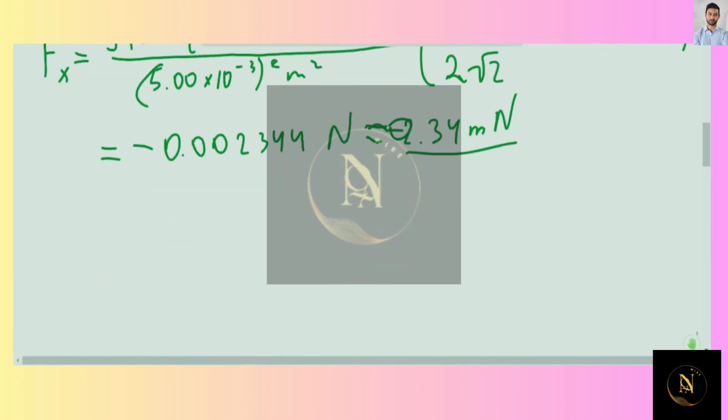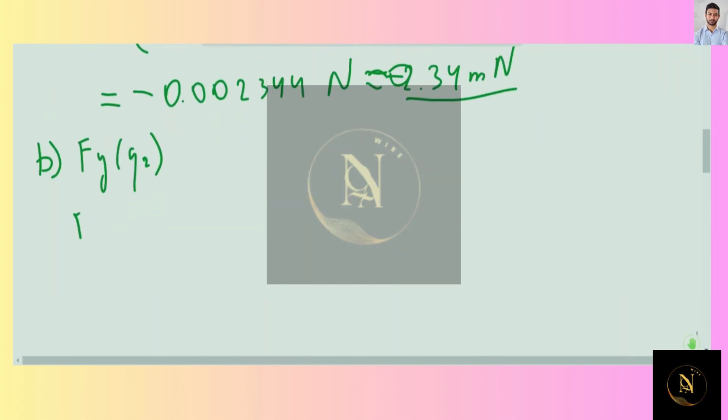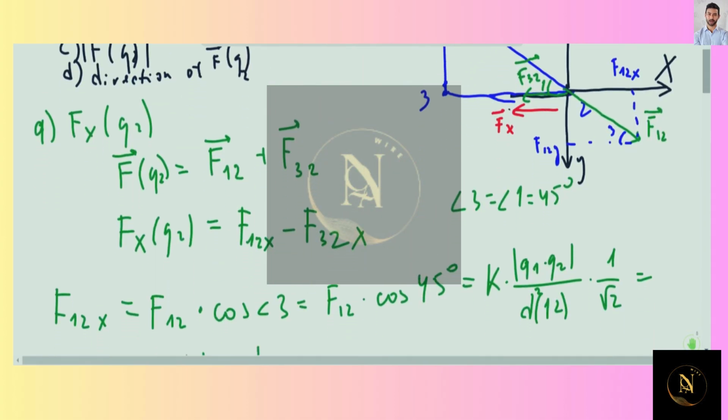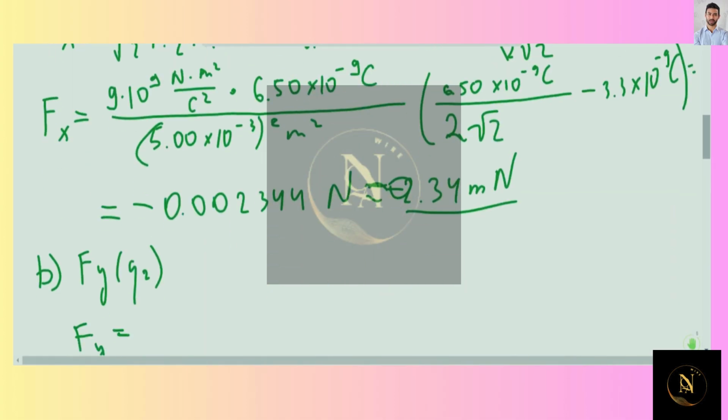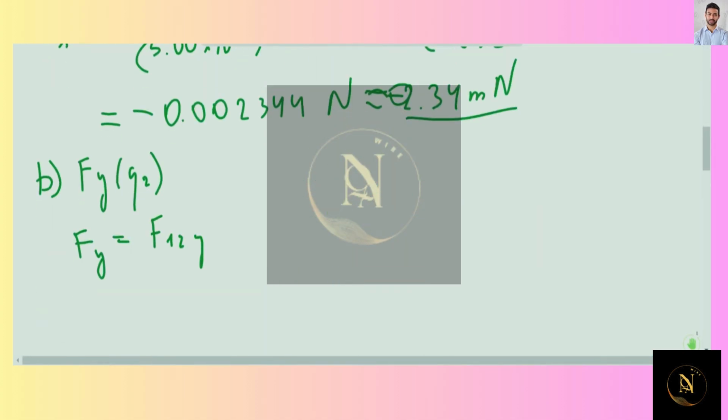So now let's calculate Fy. Fy equals the sum of y components of each force. So it equals F12 y plus F32 y.